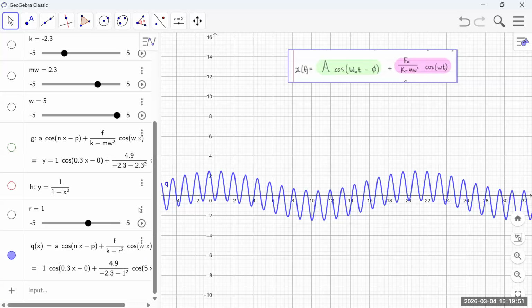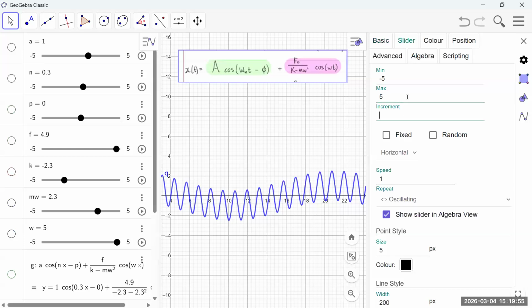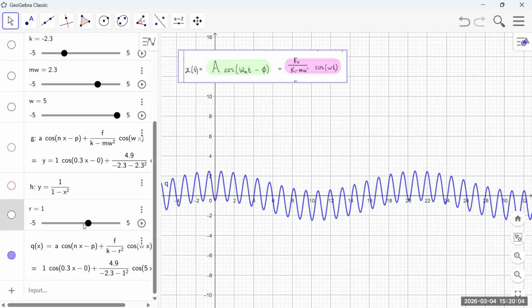So let's see what happens with that R. I just want to make it a bit smoother. Where is that R? Yeah.